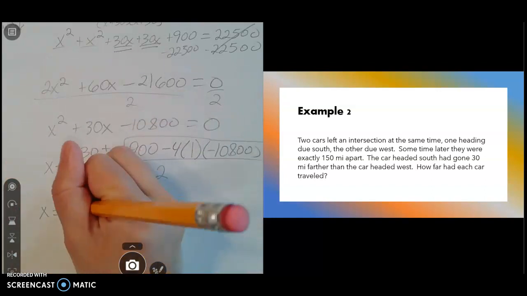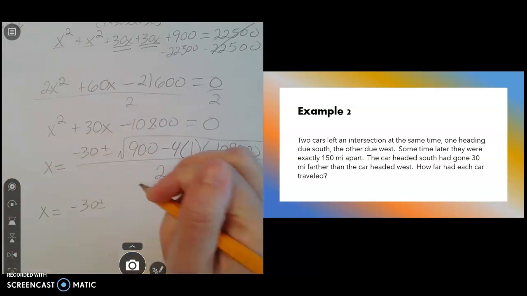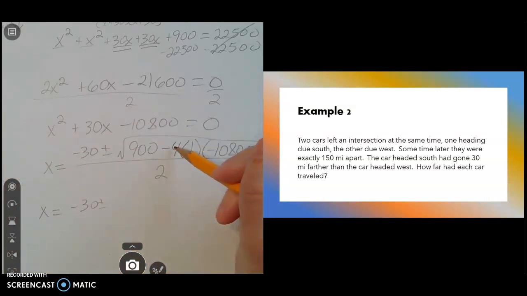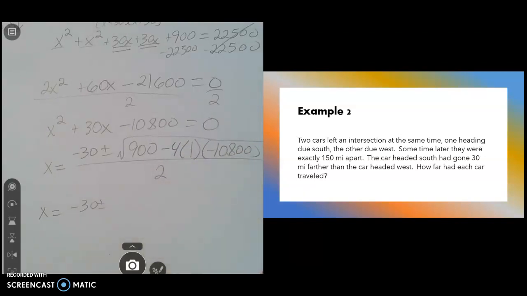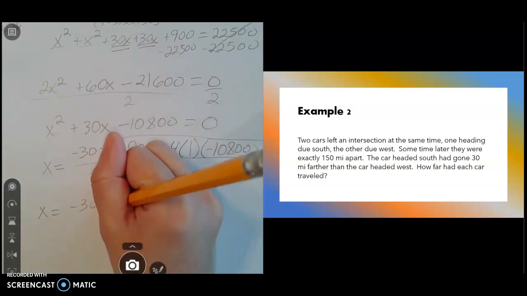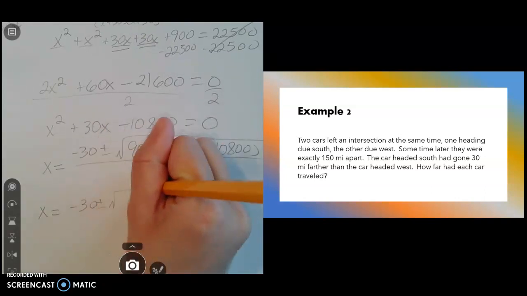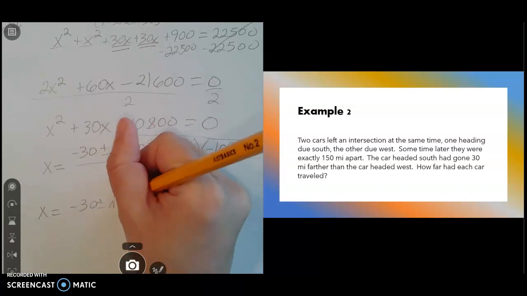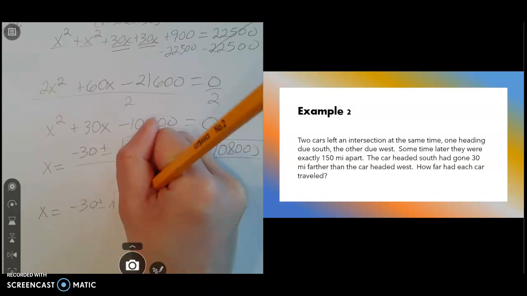Alrighty. So from here, if I do 4 times 1 times that negative 10,800, and then we do 900 minus that, you're going to get the square root of 44,100.